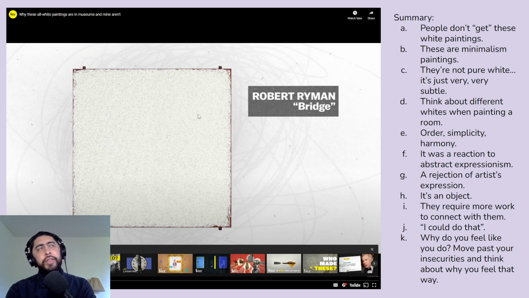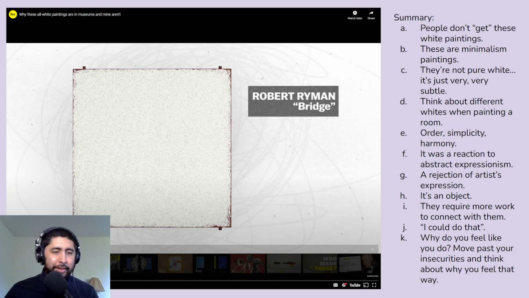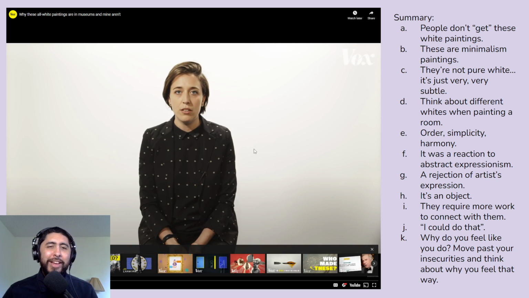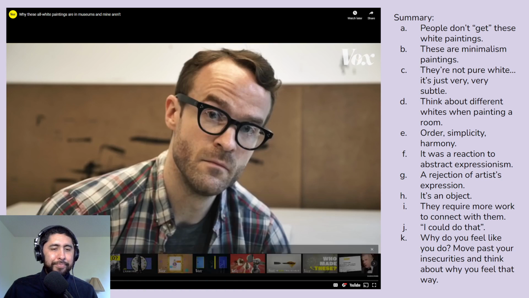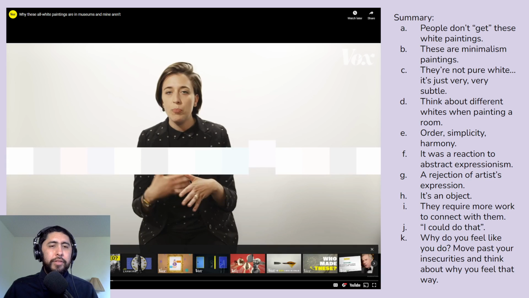A few things to know about this: most of the time they're not just pure white paintings. The curator in this, she's trying not to be, but she definitely sounds kind of snooty saying this. And I'm trying my best not to sound snooty saying this. But there are different things about these white paintings that you need to know.